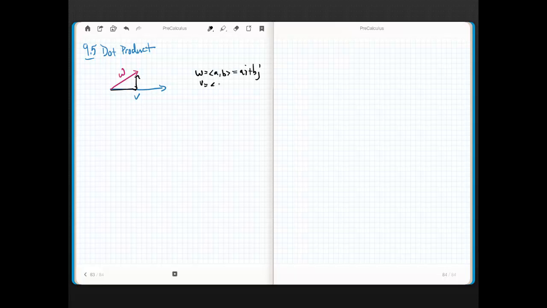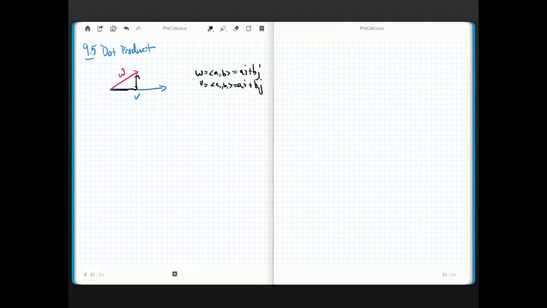V can be written as, well, in this case, it's strictly a horizontal, because its vertical part is nothing, but I could write this as a1, b1, and then as a1i plus b1j. Now, what the dot product is: you take the product. It's simply a number. It's a scalar. It's not a vector.